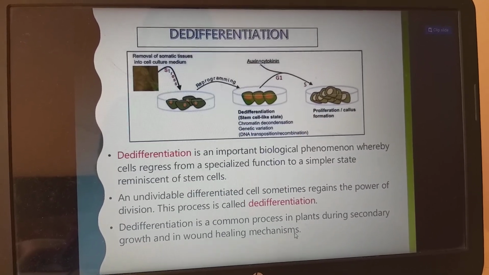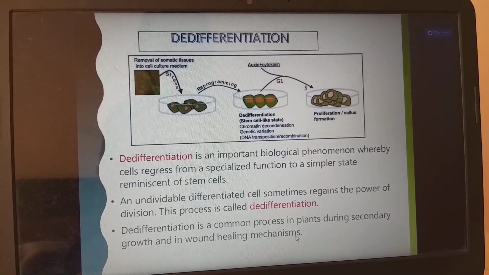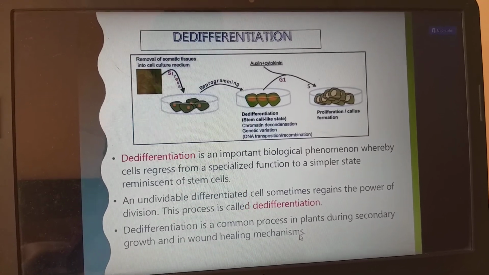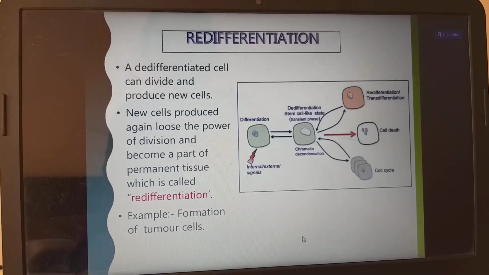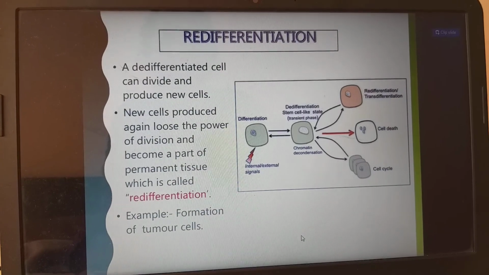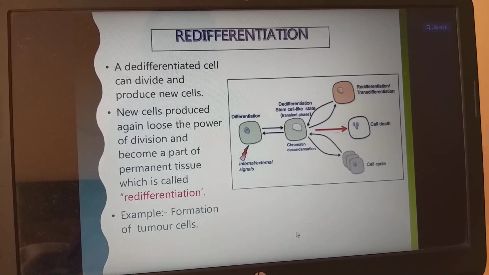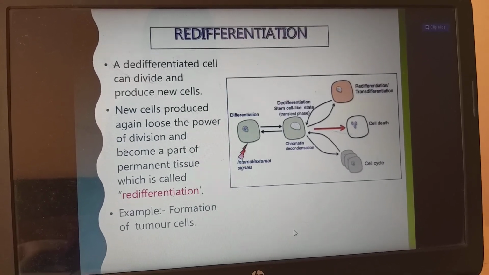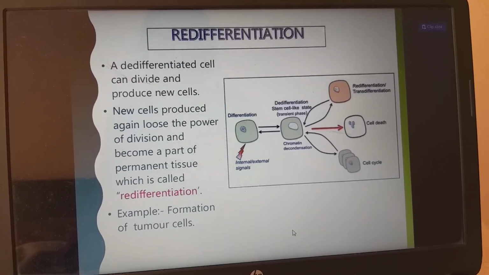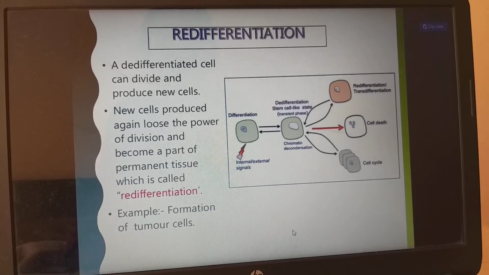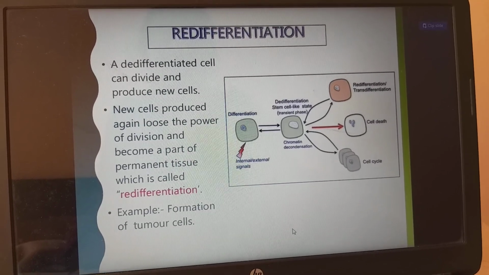De-differentiation is a common process in plants during secondary growth and in wound healing mechanisms. So coming to re-differentiation, a de-differentiated cell can divide and produce new cells. The new cells produced again lose the power of division and become a part of permanent tissue, which we call re-differentiation.